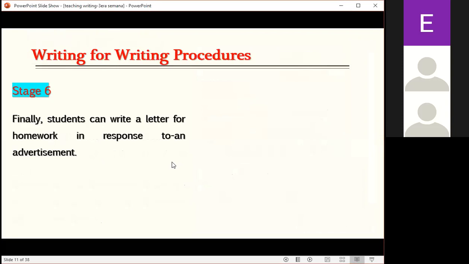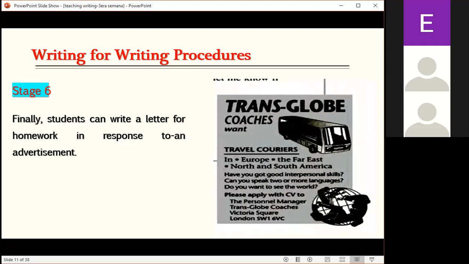Finally, students can write a letter for homework in response to an advertisement. So this is going to be the personal task. Notice, first, you made them write this letter as a group.